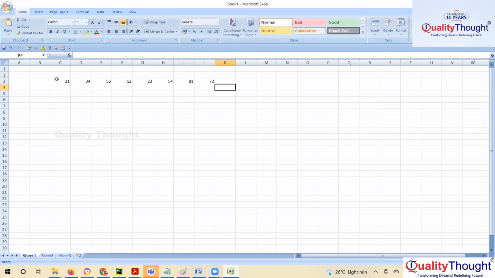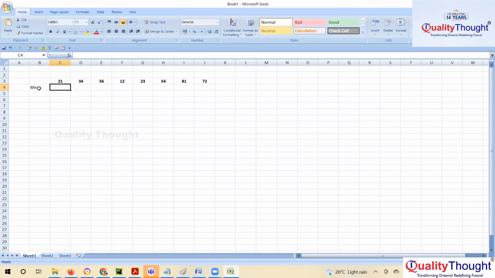What is the average of these numbers? What is the mean of these numbers? Calculator or no calculator? Use your computer, calculator, whatever you have.